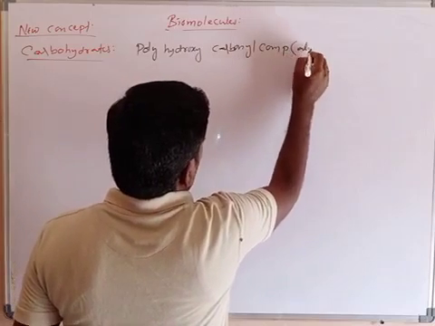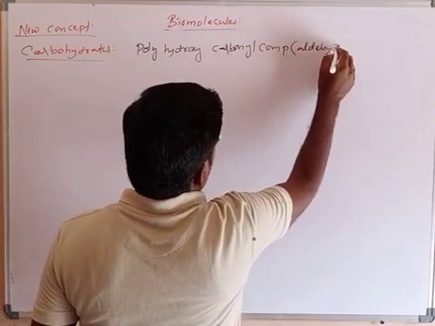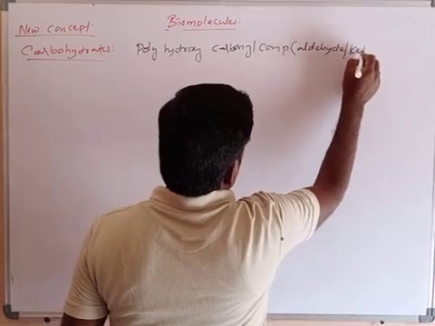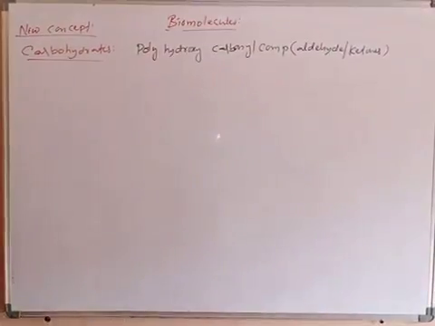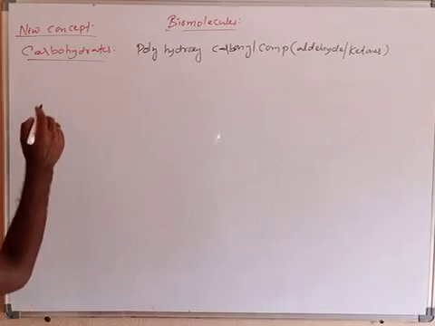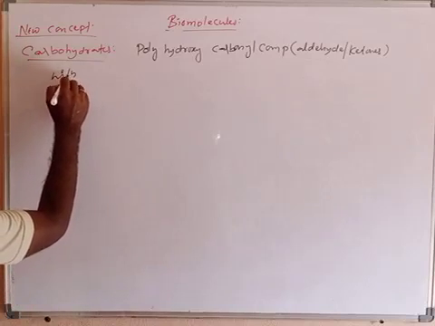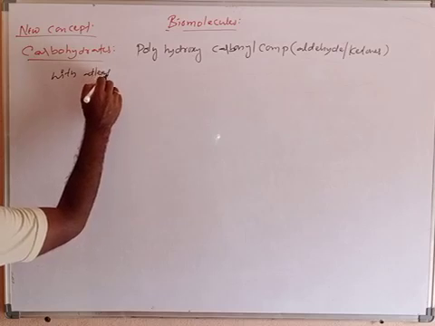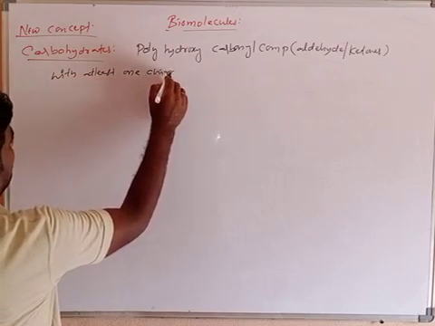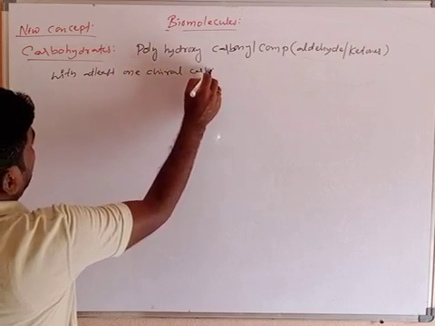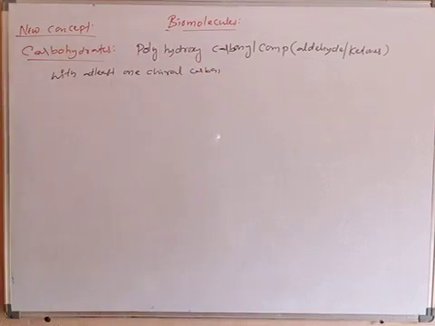Carbonyl means aldehydes or ketones. Polyhydroxy carbonyl compounds with at least one chiral center, or one chiral carbon. Asymmetric carbon or chiral carbon. Clear? This is the new concept of carbohydrates.